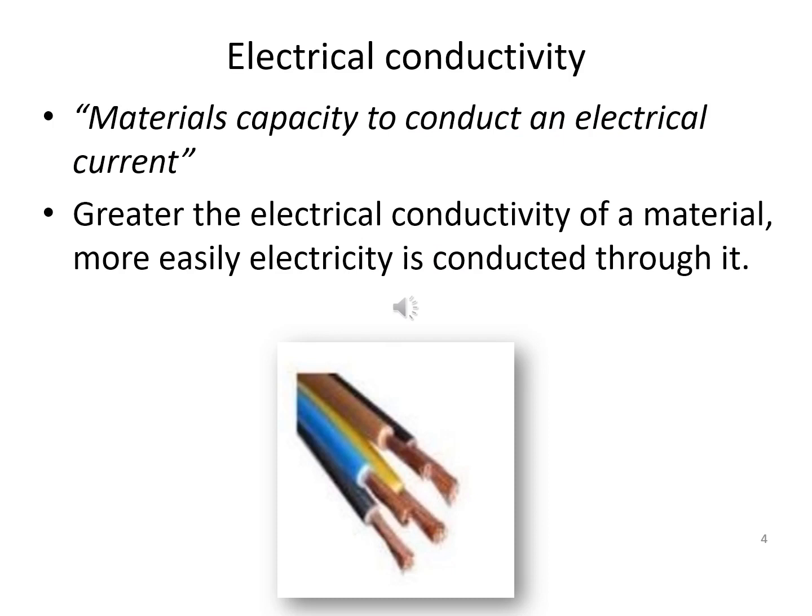As electrical properties are related with electrical conductivity, we can say that materials which have the capacity to conduct an electrical current are conductive, or they have electrical conductivity.